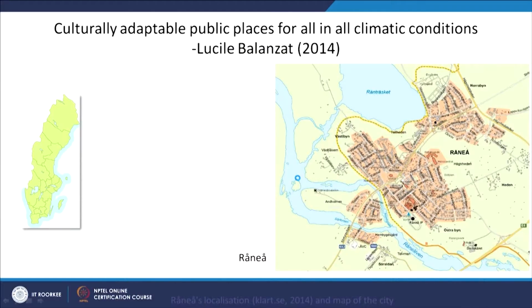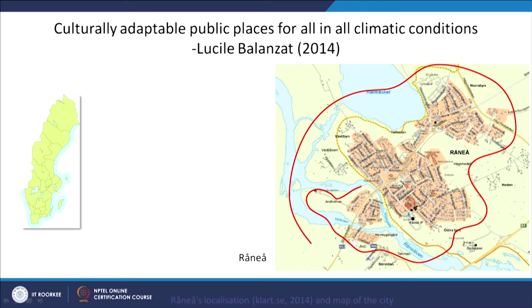Now, coming to Lucille's work, which is about culturally adaptable public places for all in all climatic conditions. This is a small village where I also used to live. This is Råneå, and you can see the Råneå River passing by.